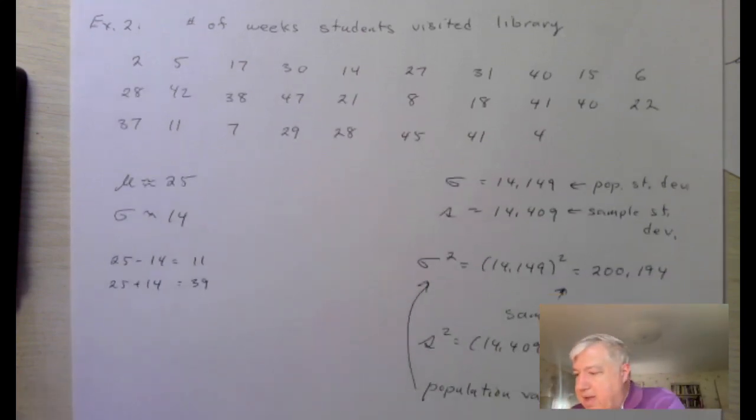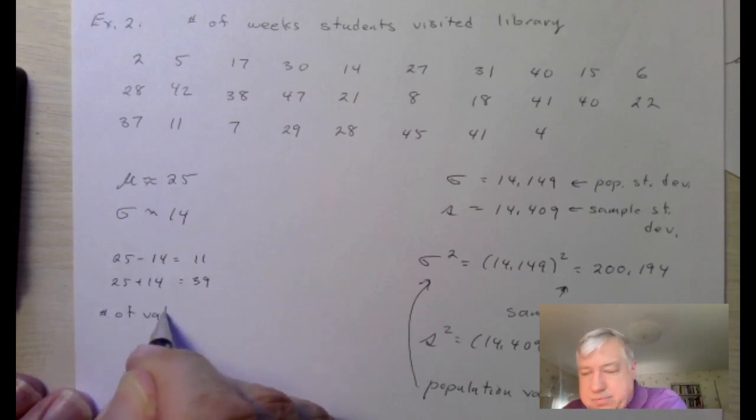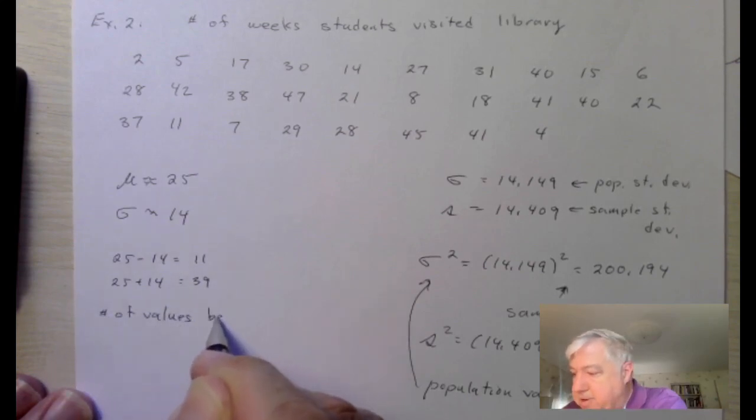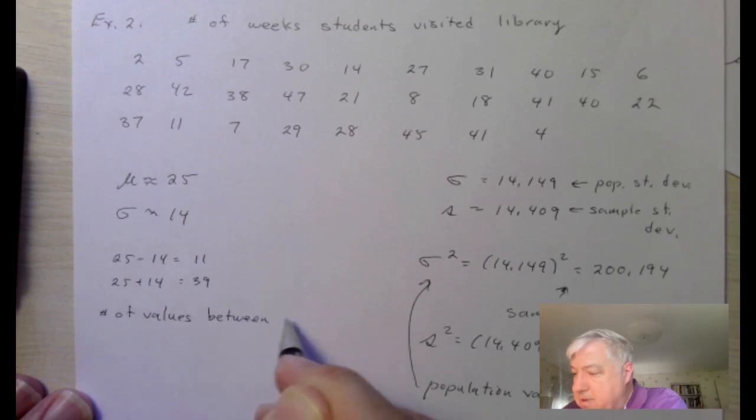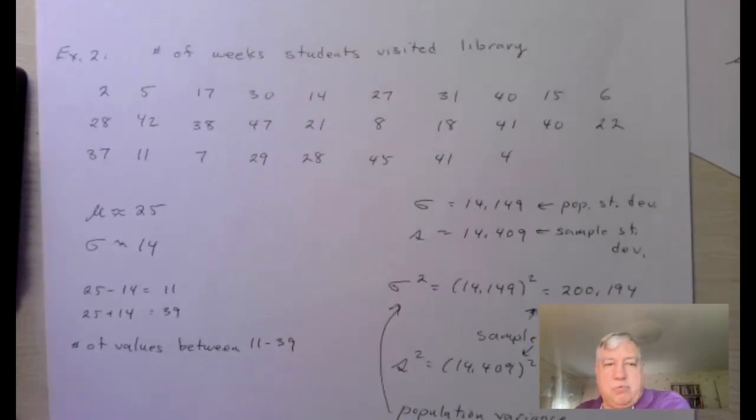Okay, so we'd like to see the number of values that are between 11 and 39, and we'll include the endpoints, right?